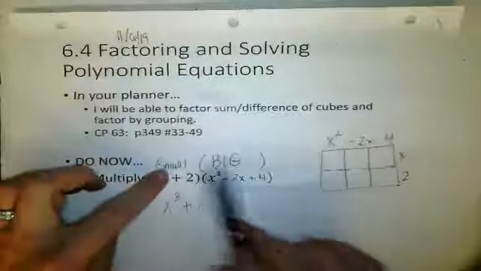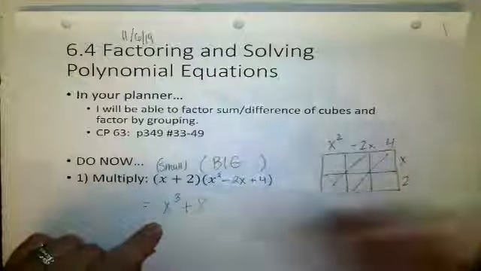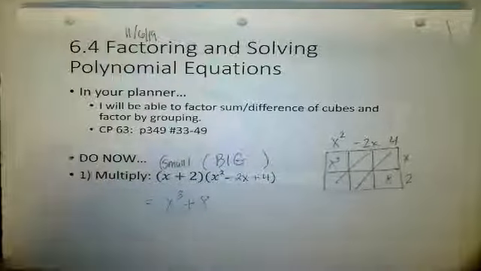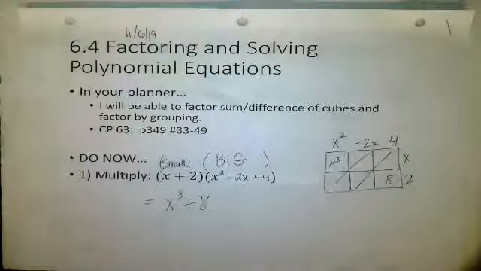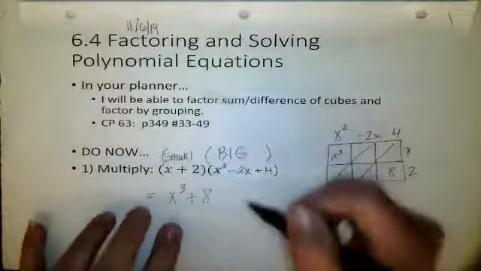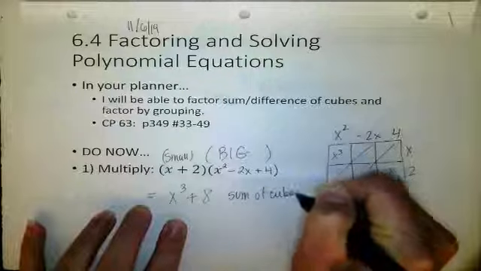They're always going to multiply together, a bunch of stuff is going to cancel out, and we're just left with that x cubed and that 8 term in that whole multiply process, okay? It's because of that special pattern that we're left with here. These two terms happen to be called sum of cubes.